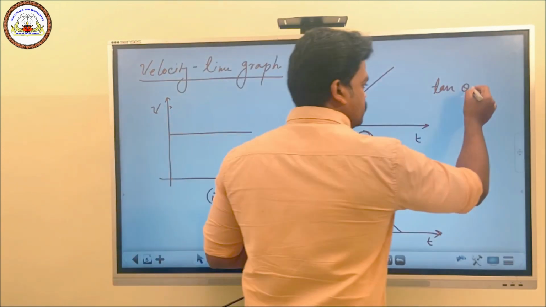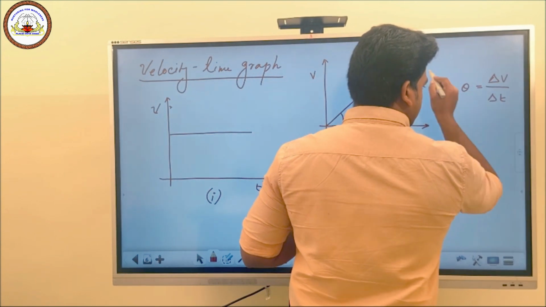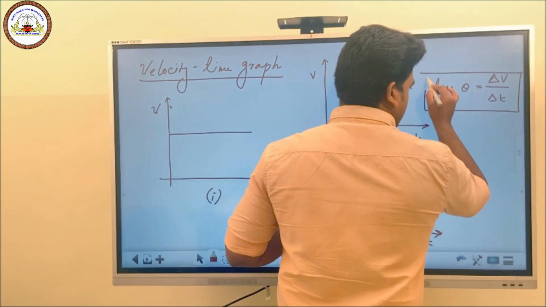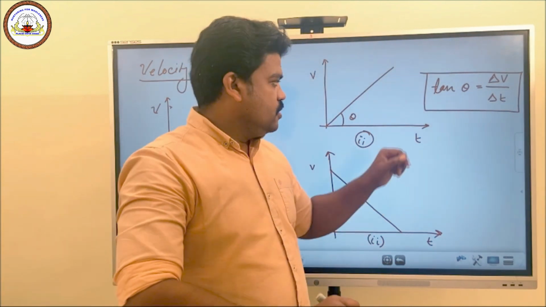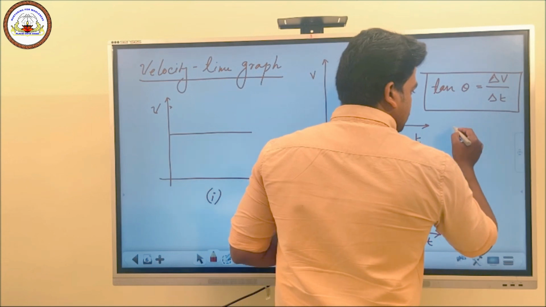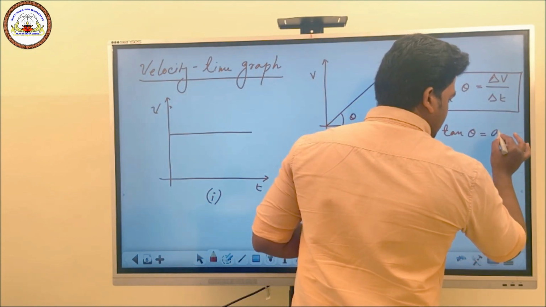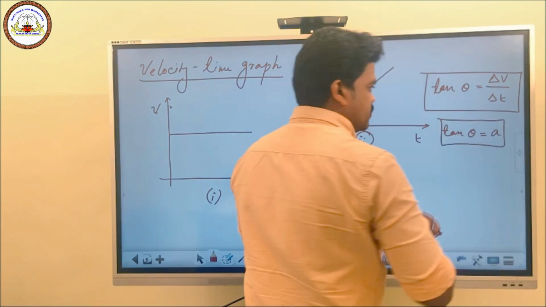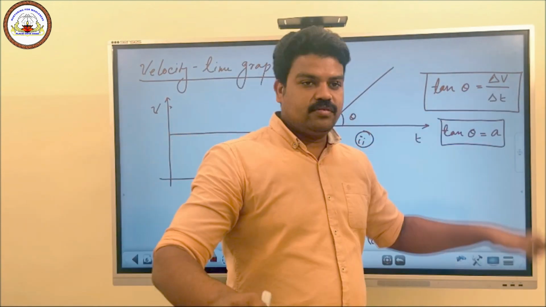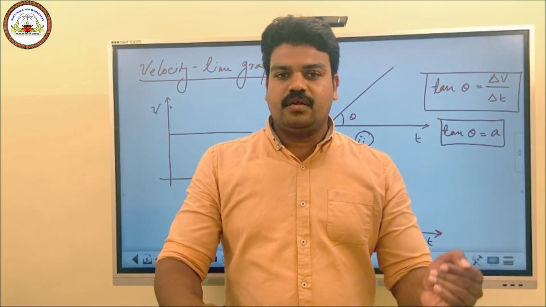Tan theta is equal to change in velocity by change in time, opposite side by adjacent side. So tan theta is equal to delta v by delta t, and delta v by delta t is acceleration. Change in velocity by change in time is acceleration. So slope of velocity time graph gives acceleration of an object.